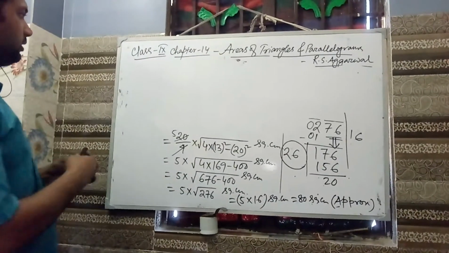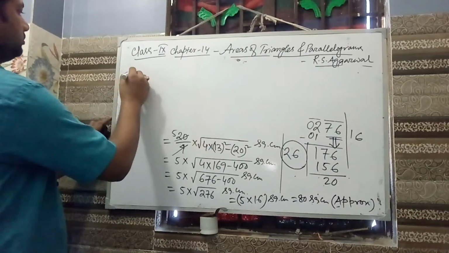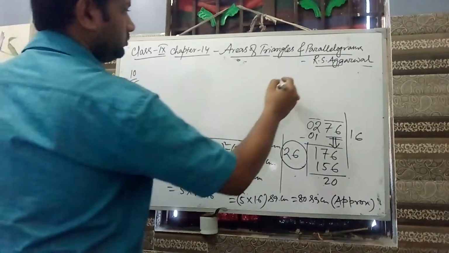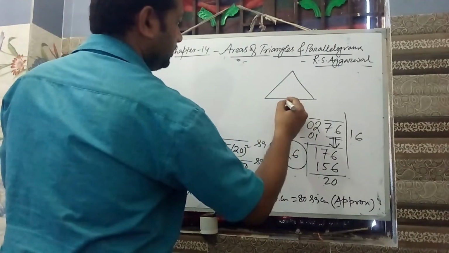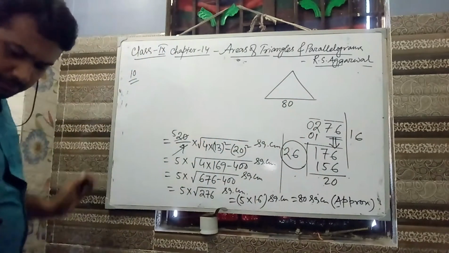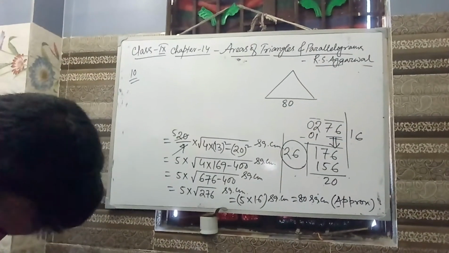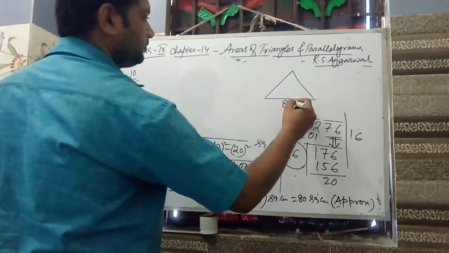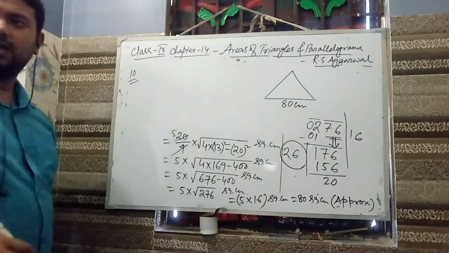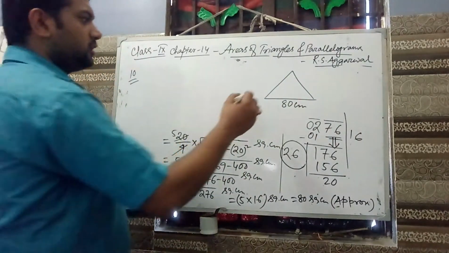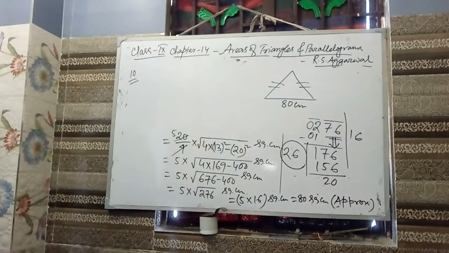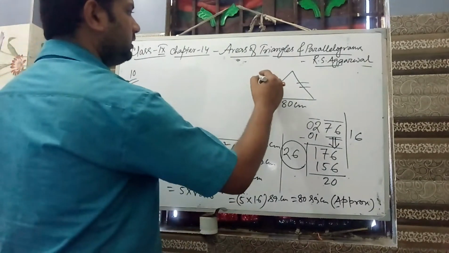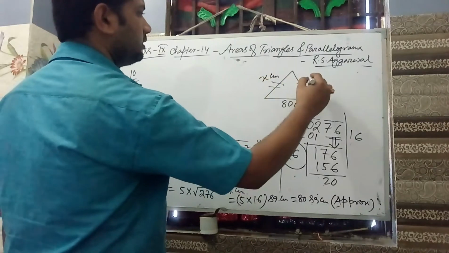So let us draw the figure. This is the base. Base is given 80 centimeter. This is an isosceles triangle. So this side and this side must be equal. Let us consider these sides to be x centimeter.